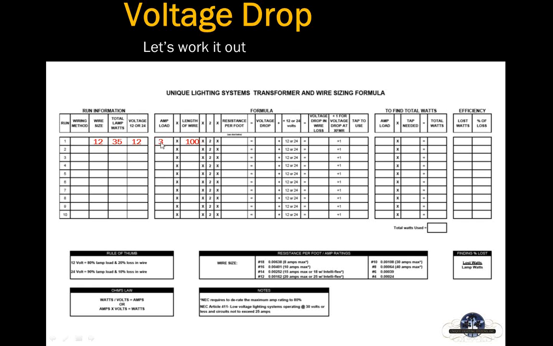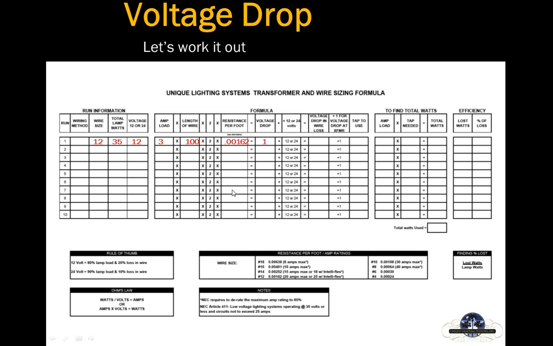So we take our amp load, times it by our length. We multiply it by 2, and the reason why we multiply it by 2 is we have alternating current. So the electricity is going back and forth, so we need to account for that. Our resistance per foot on 12-2 wire I have down here, 0.00162.